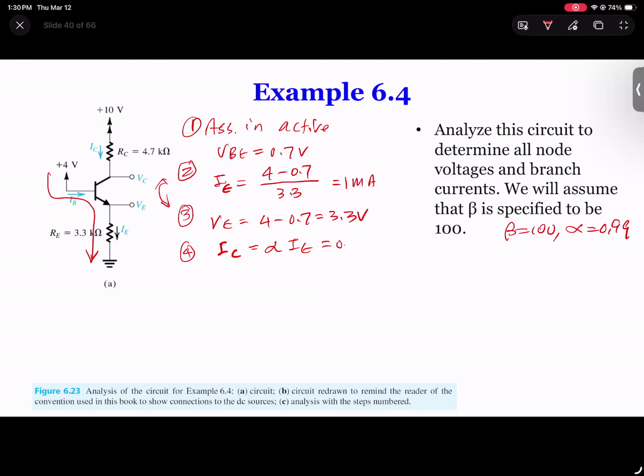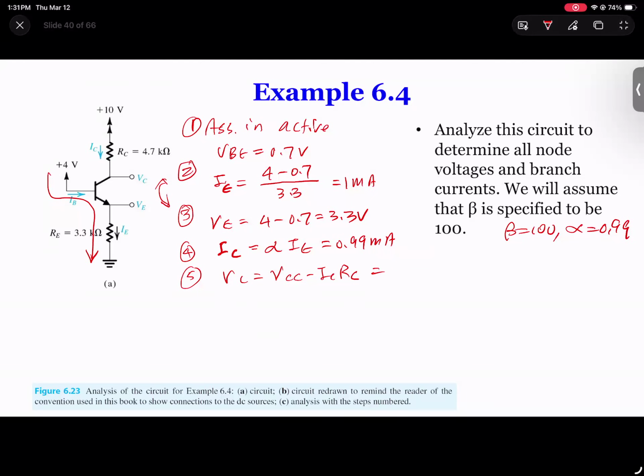So it's going to be 0.99 milliamps. Now I can calculate VC, because VC is VCC minus the voltage drop across RC.